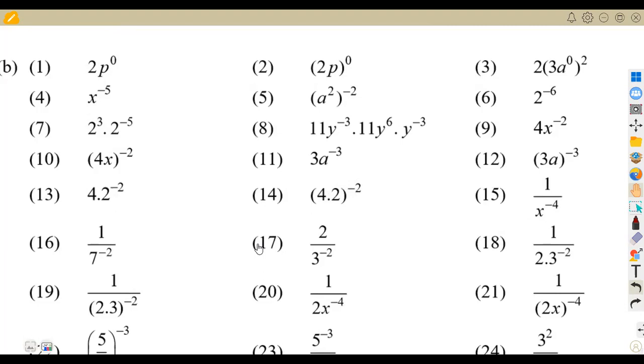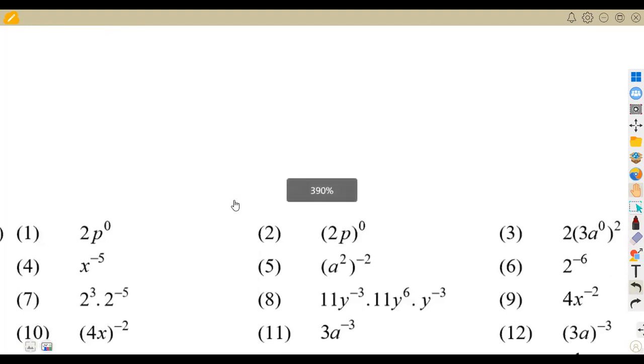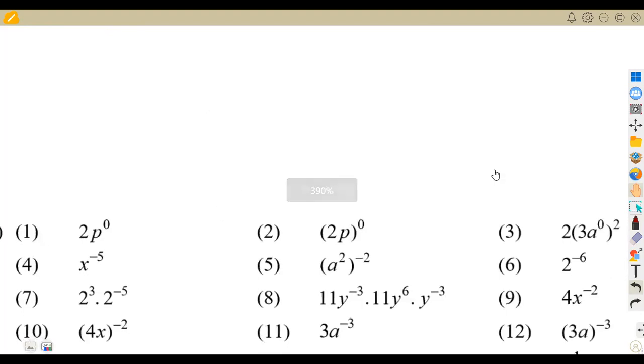But if there's a question on this exercise that is a challenge, let me know so that we can work on those questions together in a separate class. But what I want you to do is to try as much as you can, all right? We talked about almost everything that we have here, okay? So just go through this exercise.